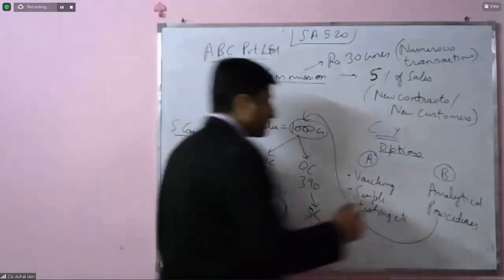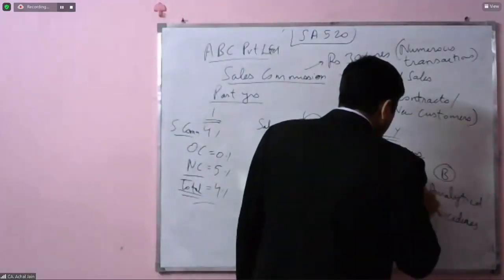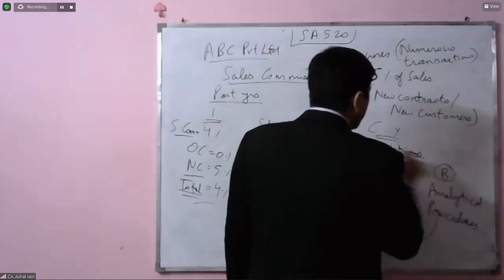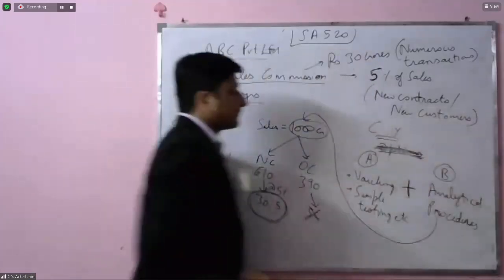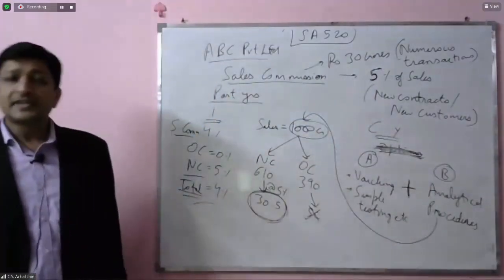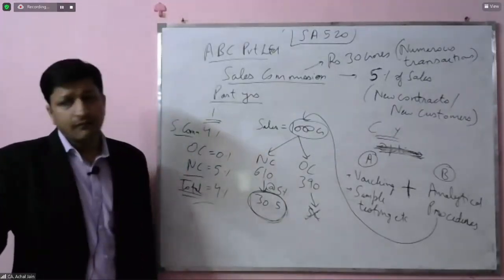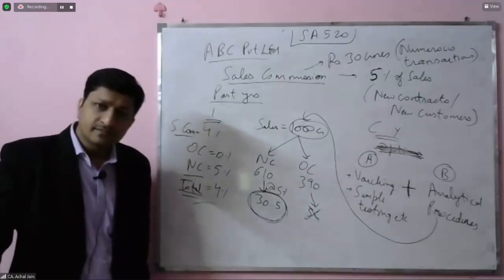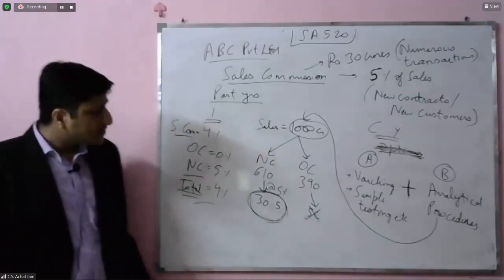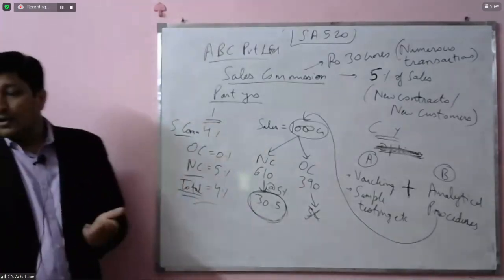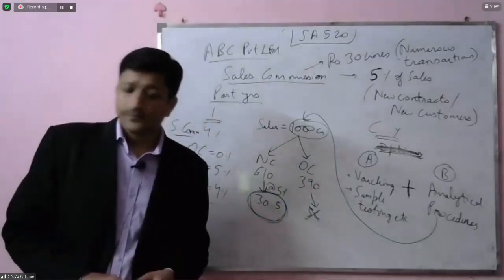Clear? Yeah. So this should not really become an option, but a mix of these two is something which the auditor will always want to plan and verify. Clear? Yeah. So this was only an example of analytical procedures.